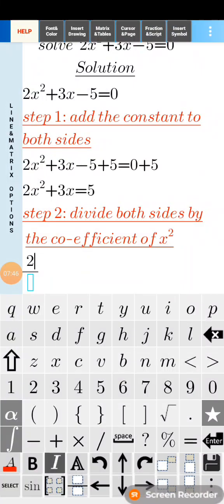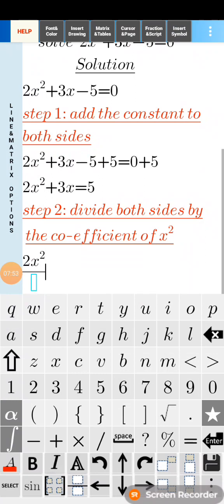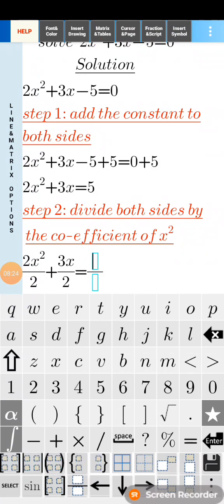That will be 2x squared over 2 plus 3x over 2 equal to 5 over 2.